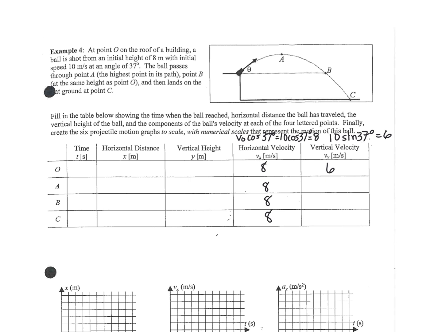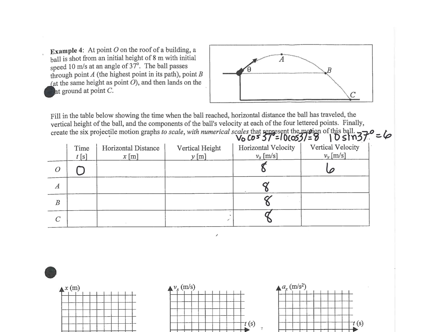And at the time, when is it going to hit the ground at point C? So we're going to have to find some stuff out here, aren't we? So let's figure this out. Time t is at 0 here. All right, so let's figure out what we've got here.